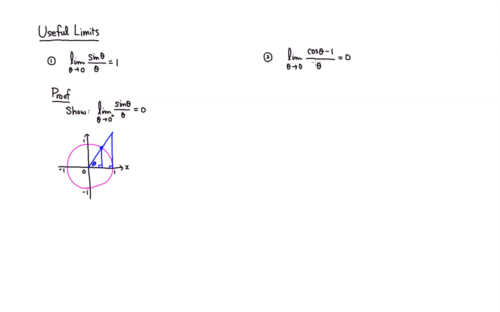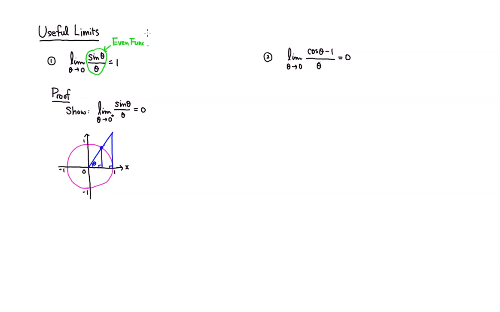Here, we notice that sine theta is an odd function, and theta is an odd function. An odd function divided by an odd function is an even function. So this is an even function, and when you have an even function, the graph is going to be symmetric about the y-axis.